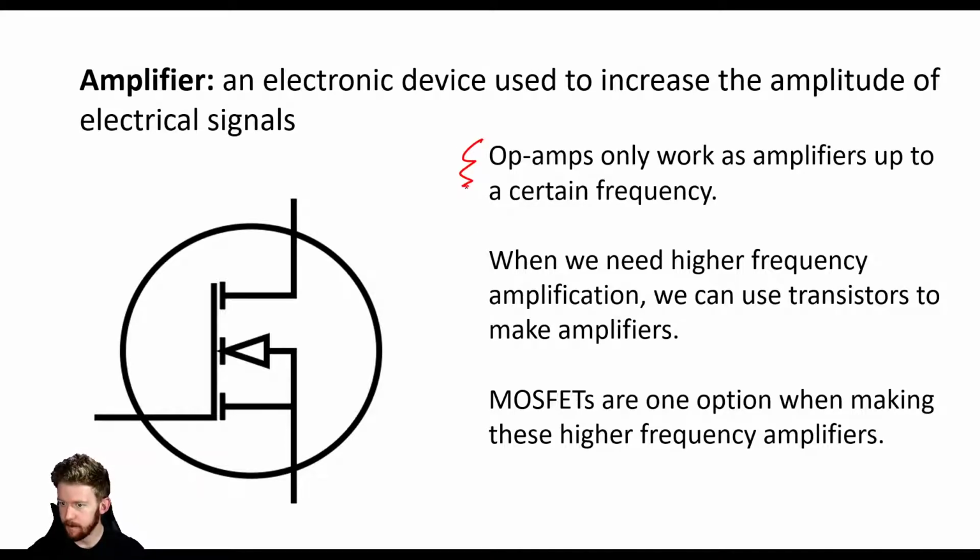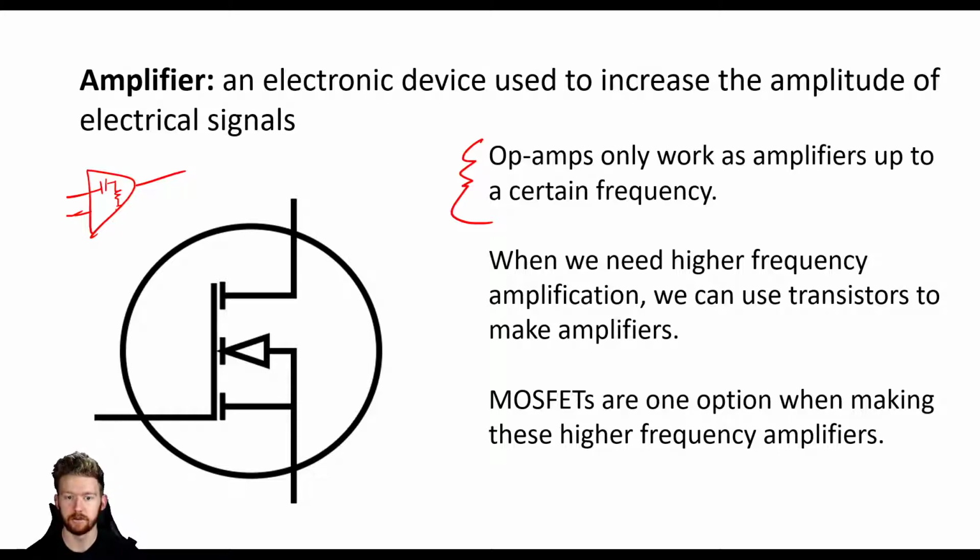Now, we do know how to make an amplifier using op amps, but op amps, even though we said that they're ideal, only work up to a certain frequency. We initially said that with op amps, these two inputs have no current flow into them at all. But once you get to higher frequencies, that stops being true. There's some capacitance, some impedances that you'll see at higher frequencies, and that will start to load down your input, change your analysis, and make it so these op amps don't work as amplifiers anymore.